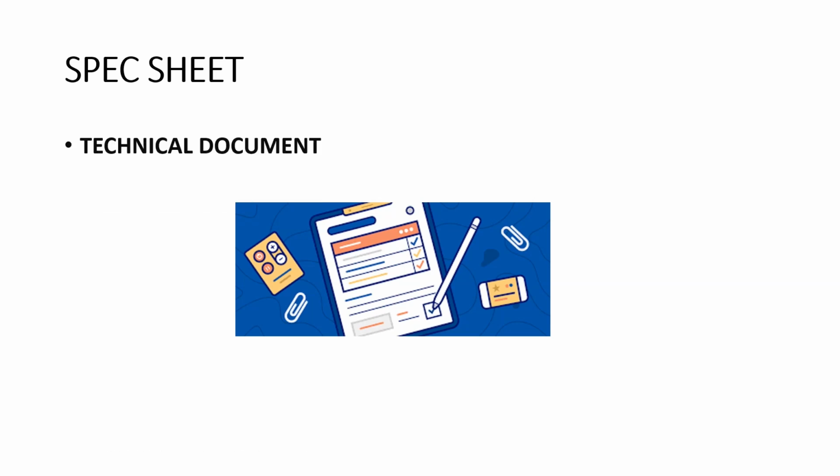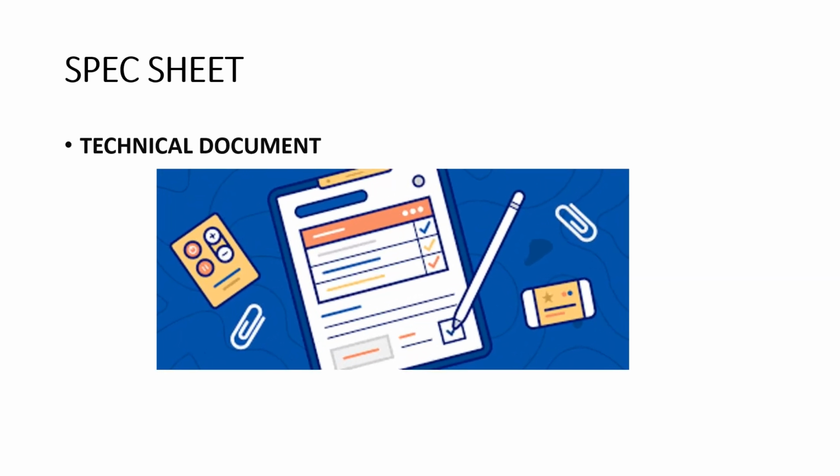Now let us see what information is available in such an important sheet. It is a technical document, definitely, because a lot of technical information is there. So the spec sheet contains information which is highly technical in nature. That's why this is also called a technical document.